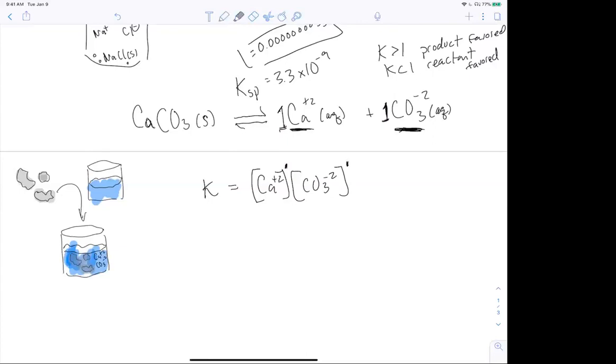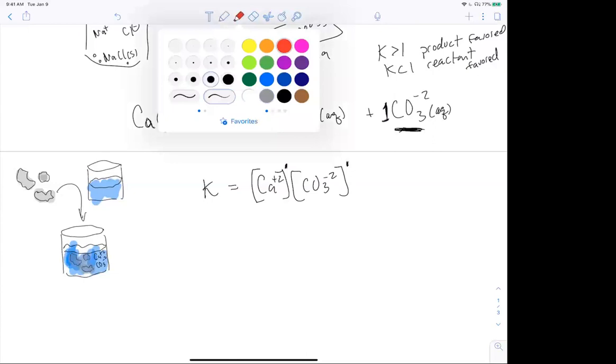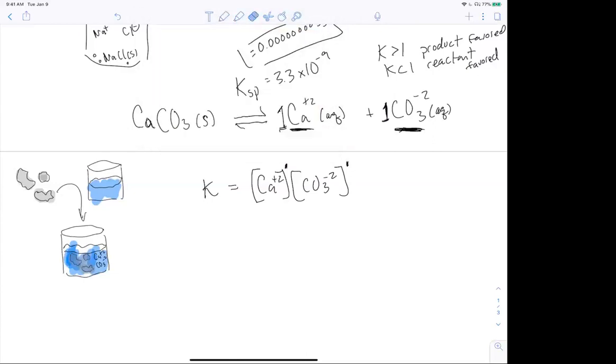But the thing to note here about our reactants, and this is always true for these, is that the reactant is a solid. So the reactant doesn't appear in the mass action expression.